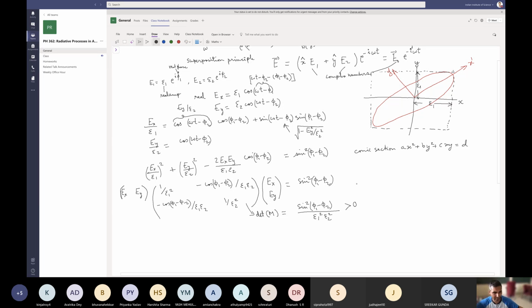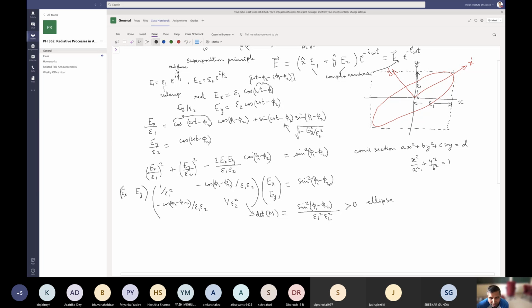Because this is positive definite. So this means that this is an ellipse and not a general conic section, right? If the determinant of this matrix is greater than 0, you have an ellipse, like the nice x squared by a squared plus y squared by b squared equals 1. This is the simple form of the ellipse when the ellipse is oriented along the x y direction.